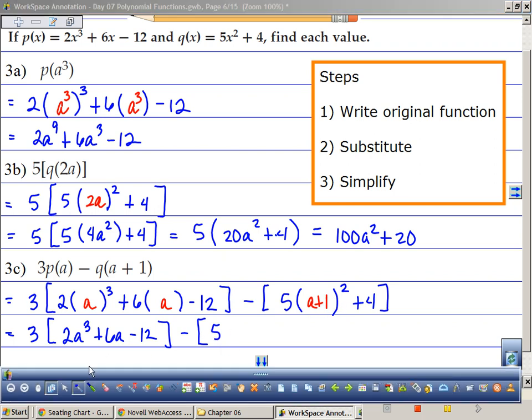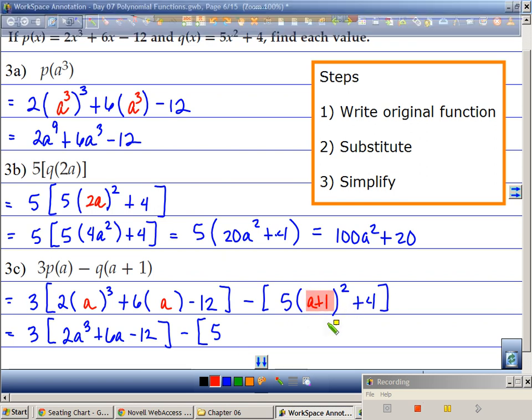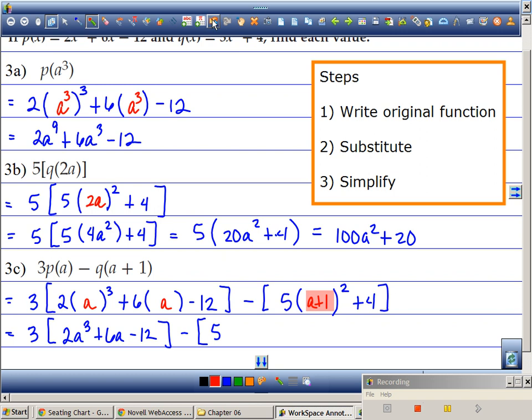5 times, okay, let's highlight this guy. He's important. What is a plus 1 squared? This is a very common misconception.